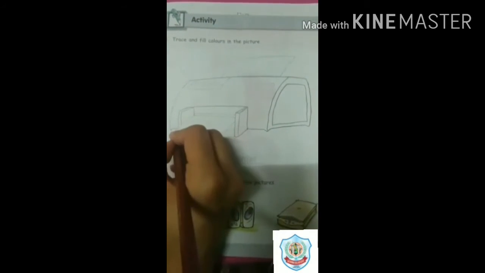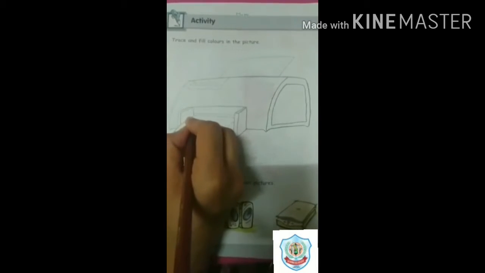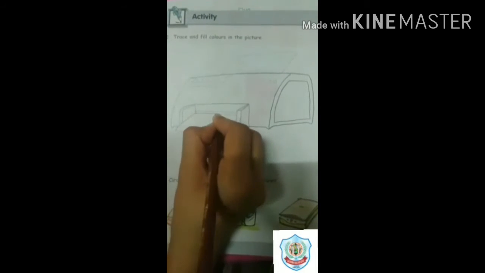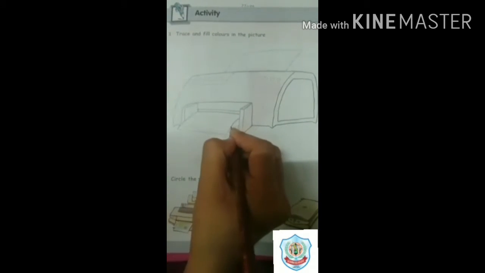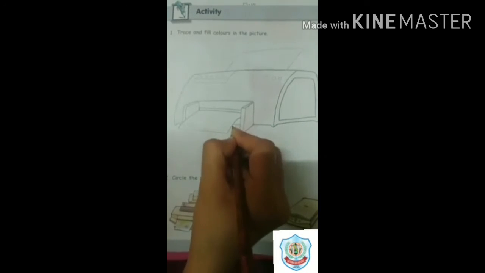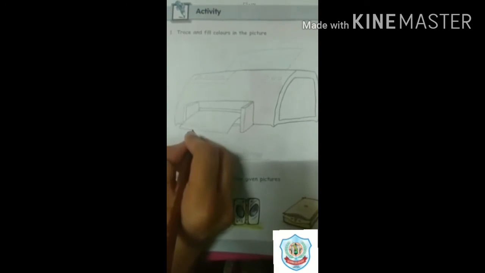Now start from here. Okay, now start from here. Trace these lines. Yes, trace these lines.